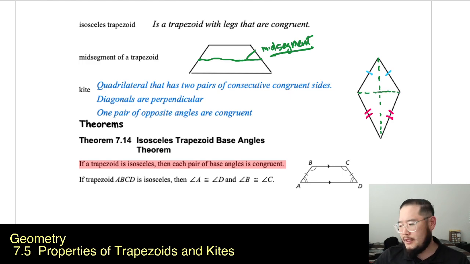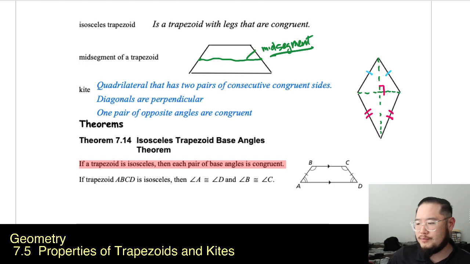Hopefully you'll be able to visually notice that the opposite angles that are congruent are the obtuse angles in the kite. So that would be the parts that happen to be congruent, and I marked it there in gold. Those are some of your main properties of a kite.